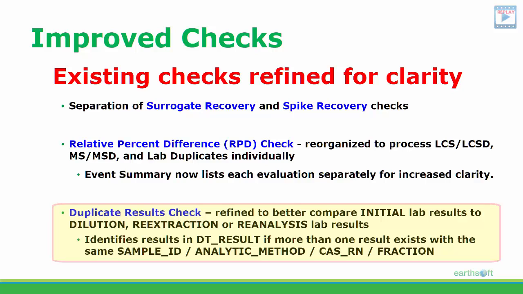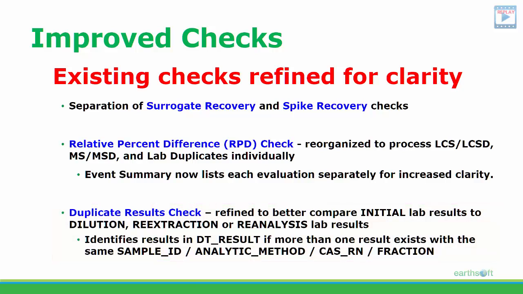So if you've got a circumstance where you maybe got an initial analysis plus a dilution that was outside of hold, or perhaps a re-extraction or reanalysis or something like that, with this duplicate results check, you can identify those duplicate results and then later determine which one you want to have set as your actual reportable result. Okay.